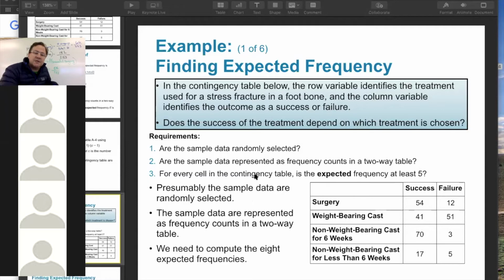For every cell in the contingency table, is the expected frequency at least 5? Now, at a glance, I look at all these frequencies, and one of them is smaller than 5, but that's okay because this is the observed frequency. I need to compute the expected frequency for all of these and make sure that all the expected frequencies are greater than or equal to 5.